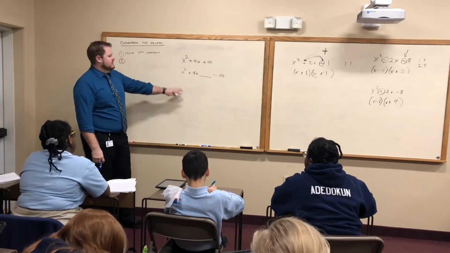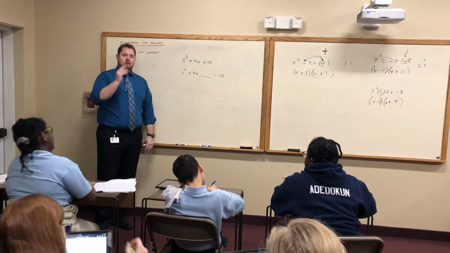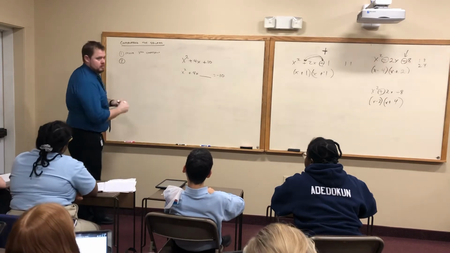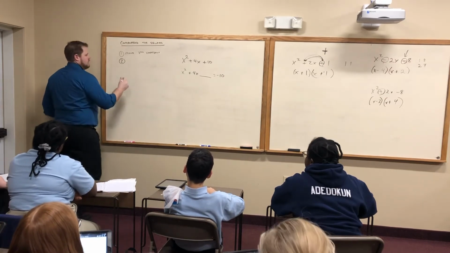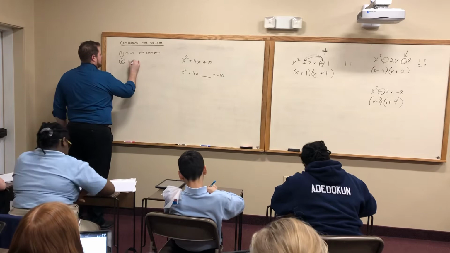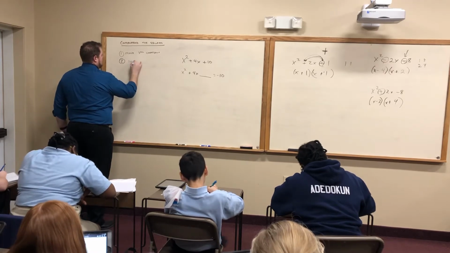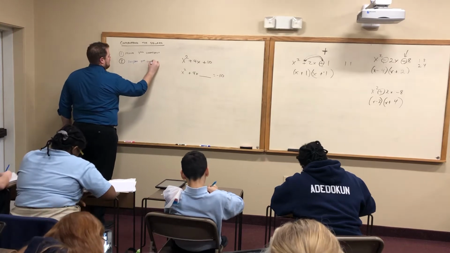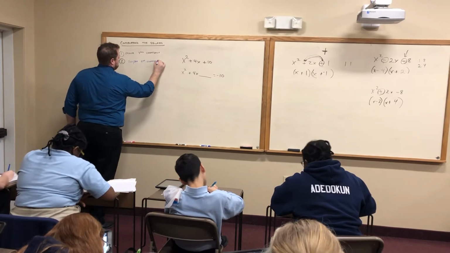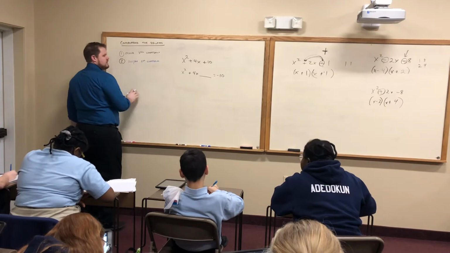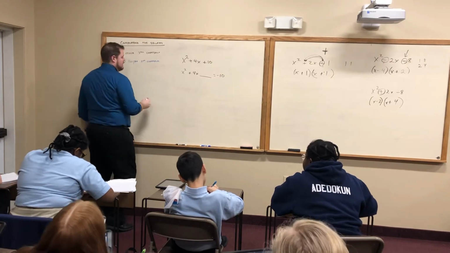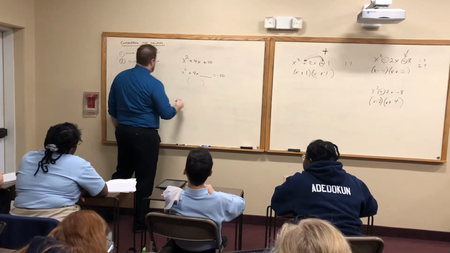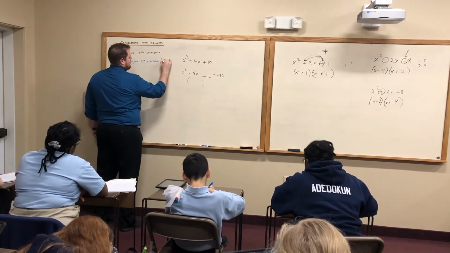Ready? So, what do we do next? Here's the next thing. In order to complete the square, move the third coefficient. That's step 1. Step 2: divide the second coefficient and square it.